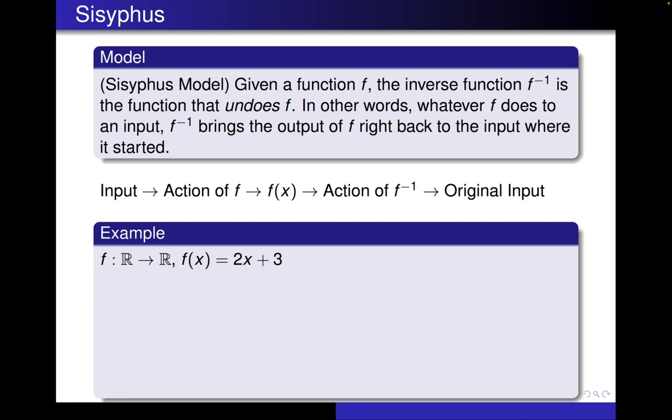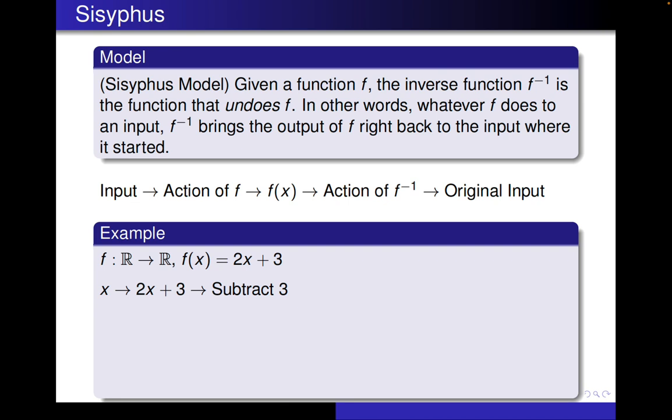So as an example, we have our old friend f from the real numbers to the real numbers, f of x equals 2x plus 3. So remember, for x, we do f to x to get 2x plus 3. And now the idea is, what kind of actions do we have to do to get back to x? Well, the first thing we want to do to get back to x is to subtract that 3.